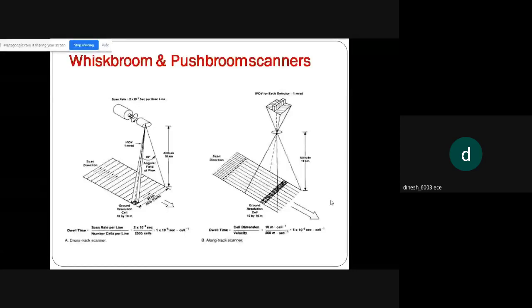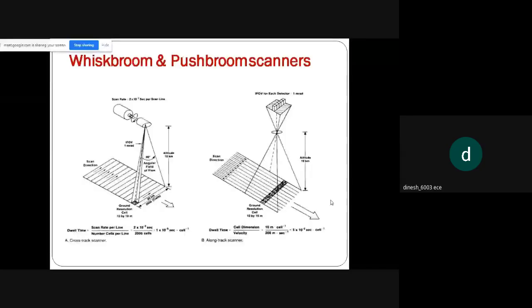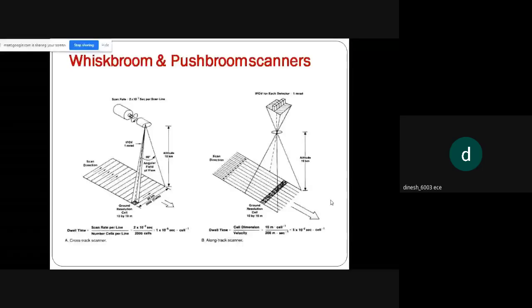Since every line has 2000 cells, the dwell time will become 1 × 10^-5 seconds per cell. For every cell, the dwell time is 1 × 10^-5 seconds in whisk broom or the across track scanner, or approximately, we can write it as 0.1 microseconds is the dwell time.